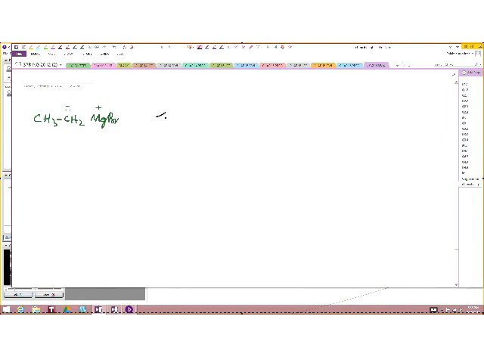Let's use this ester. Okay, see what happens here. In this case, you need 2 moles of Grignard to react with 1 mole of an ester, and you are going to get a tertiary alcohol. Let us look at the mechanism.